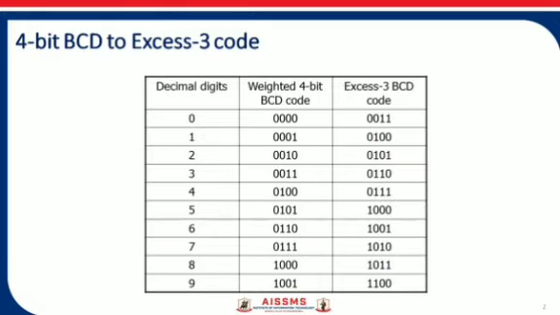If I add 3 to it, 5 plus 3, the result will be 8. To represent 8 in binary, the sequence will be 1000. So that is nothing but the XS3 code for decimal 5.